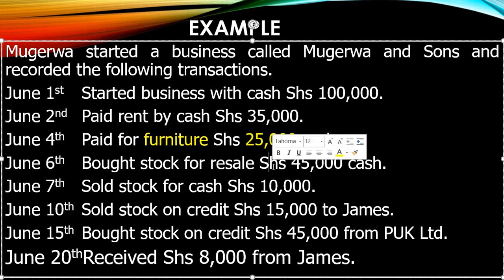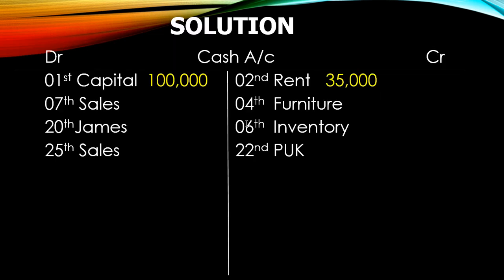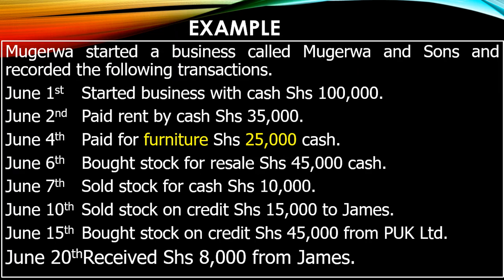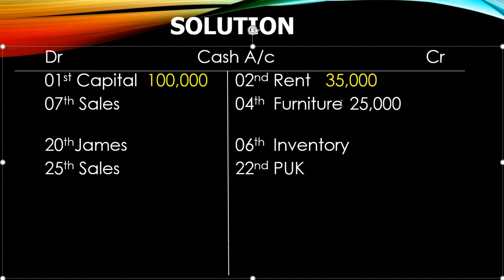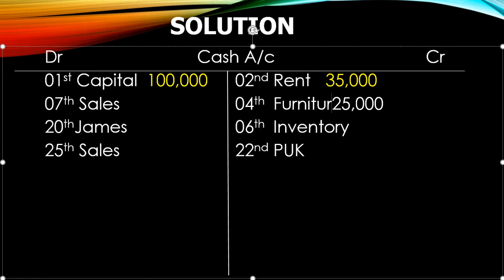Both are your accounts. We gain the furniture as a non-current asset. We are going to credit the cash with the furniture of how much? Of 25,000.